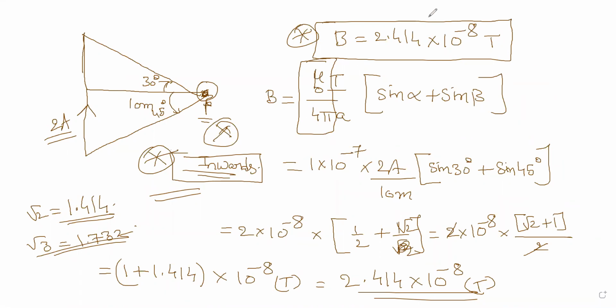Good, good. Now we have to deal with another case. Once again, I'll write B for the finite conductor, FC is for finite conductor. That is mu naught I by 4 pi A into sine alpha plus sine beta.